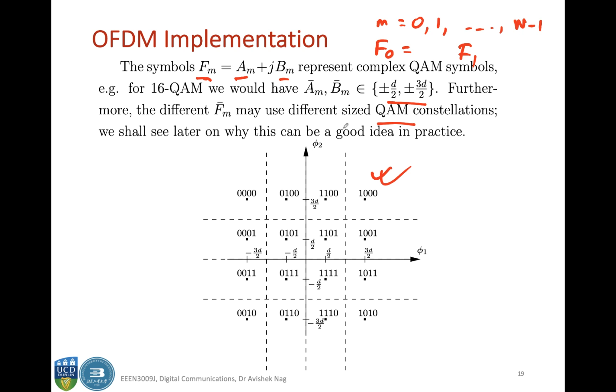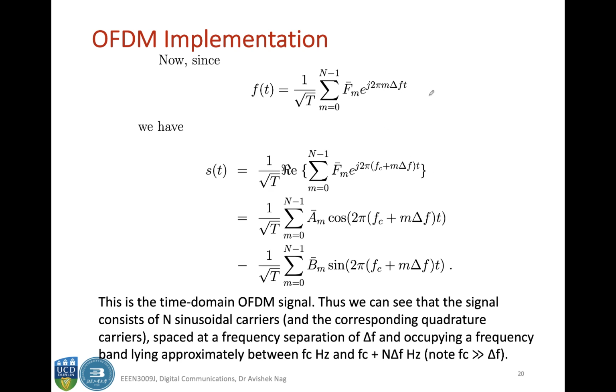So moving on. If you have f(t) like this, and s(t) is therefore, as we were saying, the real part of f(t) times exponential j 2 pi f_c t. So if you do this, then s(t) is basically this equation.